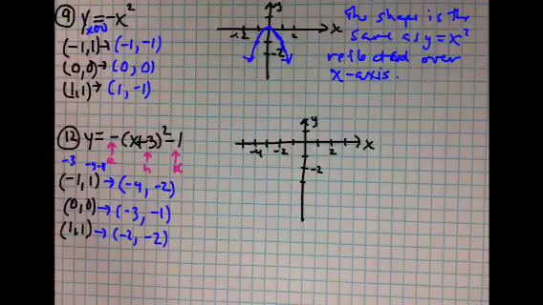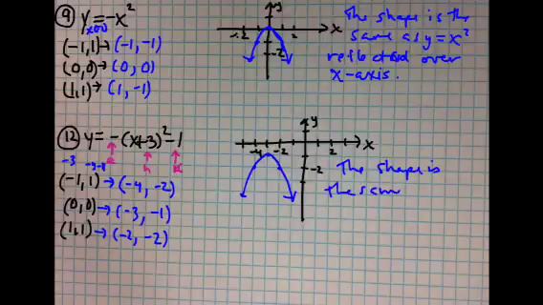So for number 12, -4, -2, -3, -1, -2, -2, and just continue the curve. To describe this, we'll say the shape is the same because a is 1, the absolute value of a is 1, so the shape is the same as y equals x squared.